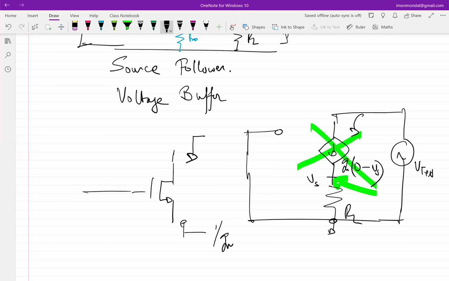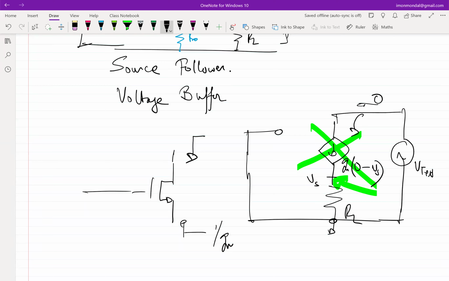So this current is 0, which means you have infinite impedance, right? This should not be a surprise, because ultimately a transistor is a current source. When I'm looking at the drain terminal, VDS doesn't change the current, which means the impedance has to be infinite. Otherwise it would have changed the current, right?